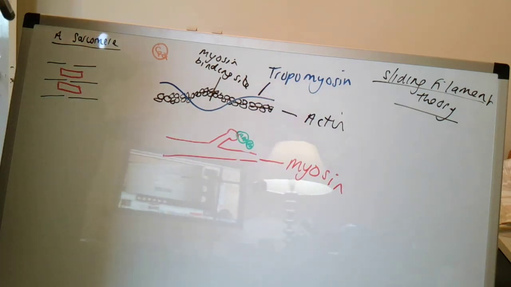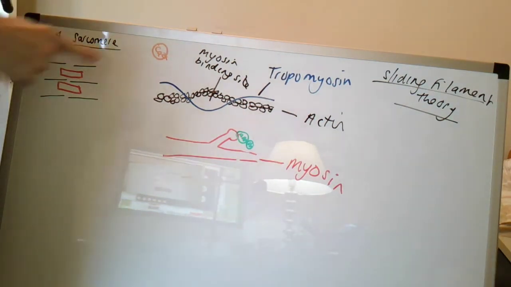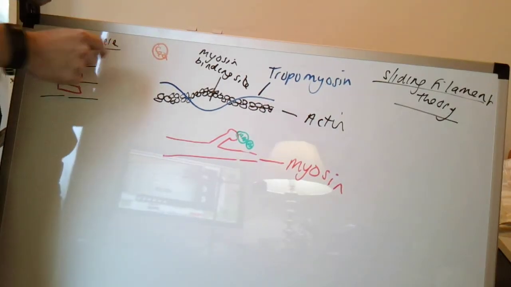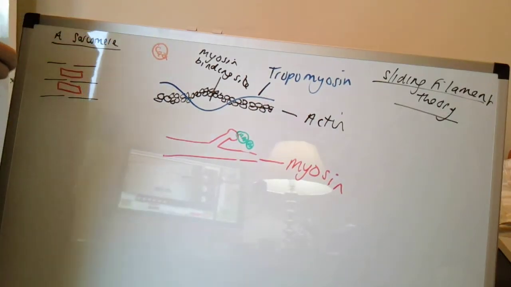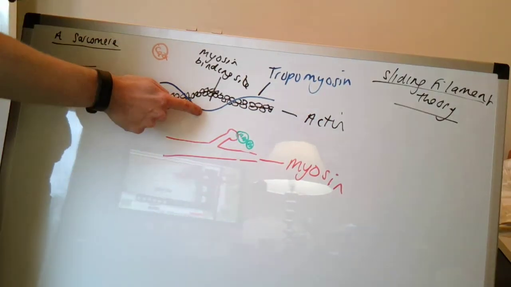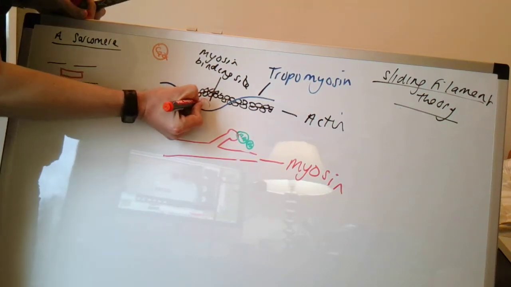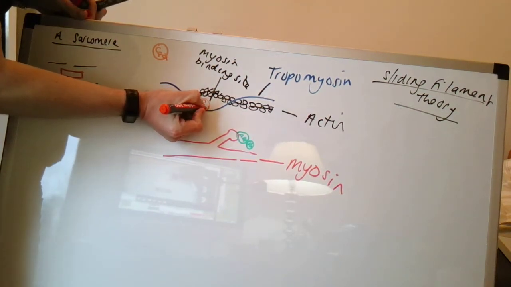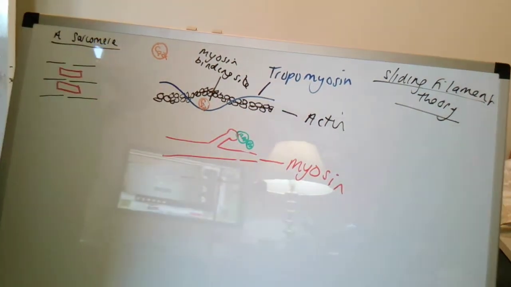What then happens is, when the depolarization arrives at the neuromuscular junction, that causes calcium ions to be released from the sarcoplasmic reticulum. The calcium ions bind to the tropomyosin. Now, the thing with proteins is, if things bind to proteins, proteins change shape.